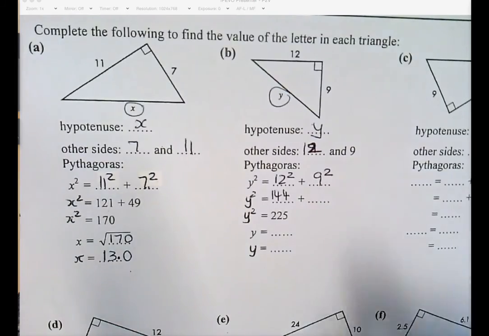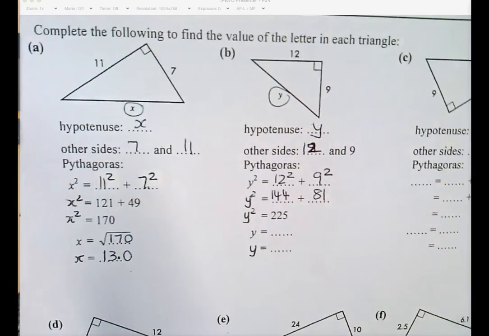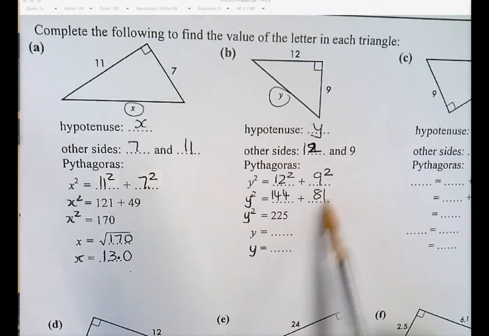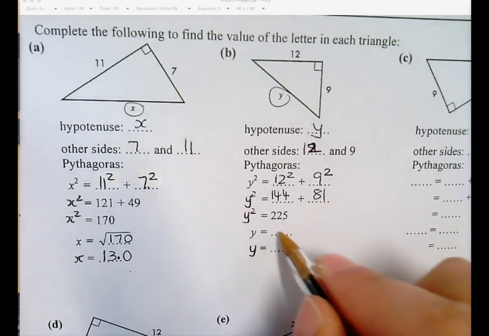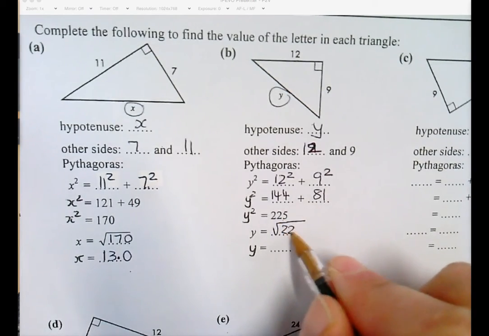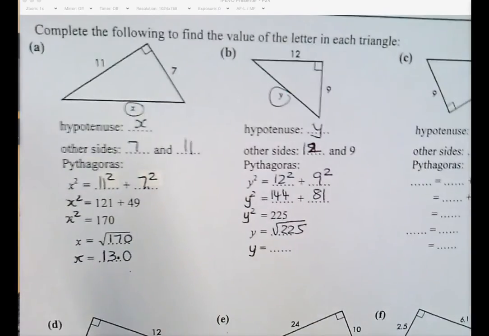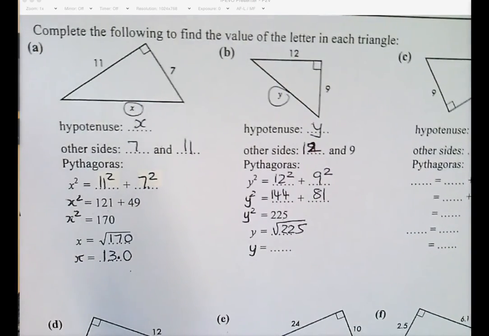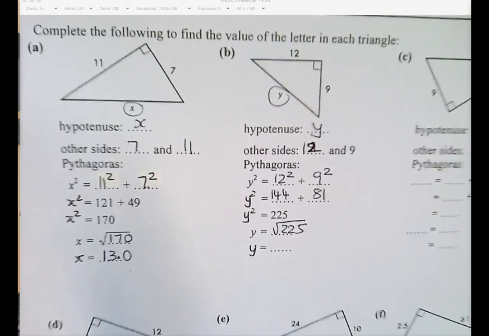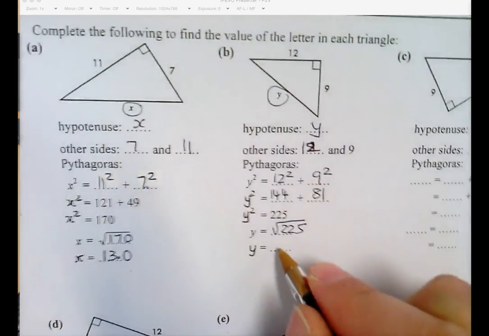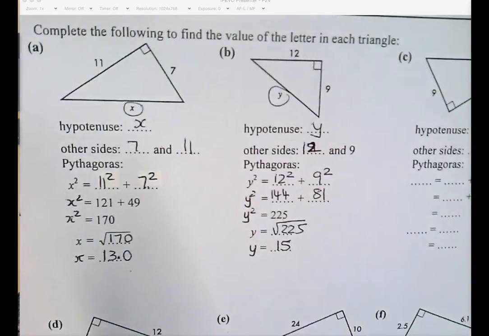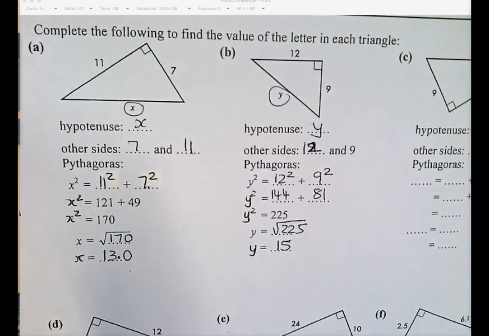If you do 9 squared, you get 81. If you add those two together, you get 225. So now y is the square root of 225, and if you do that on your calculator, you get 15. Okay, girls, so I'd like you to not lose the sheet and to do this for homework.